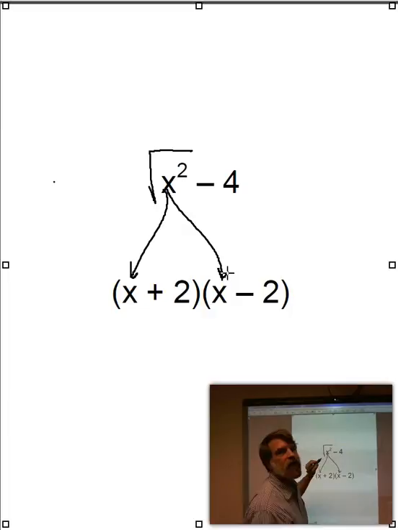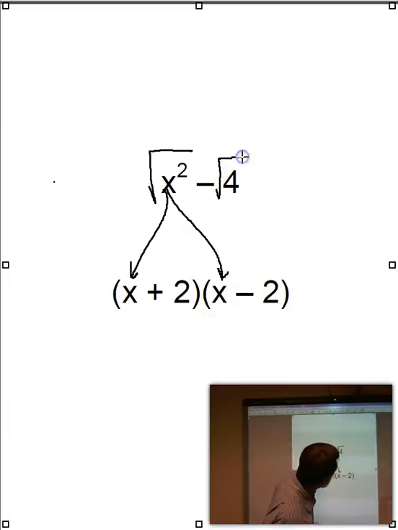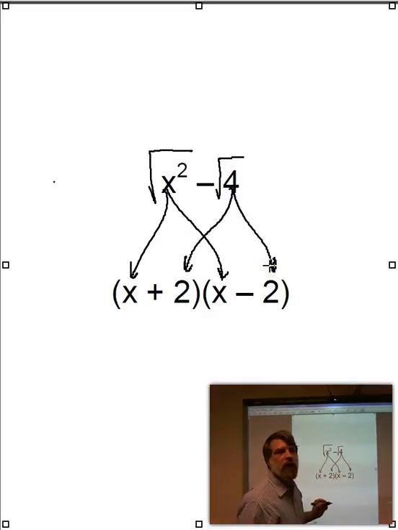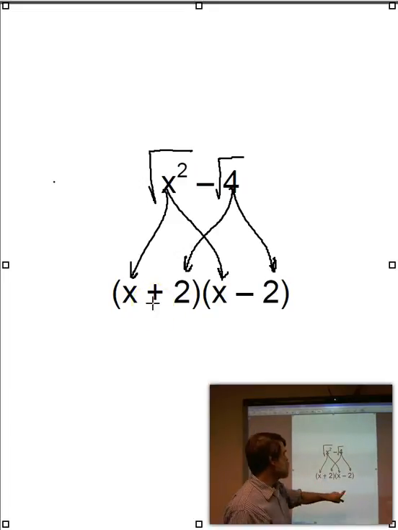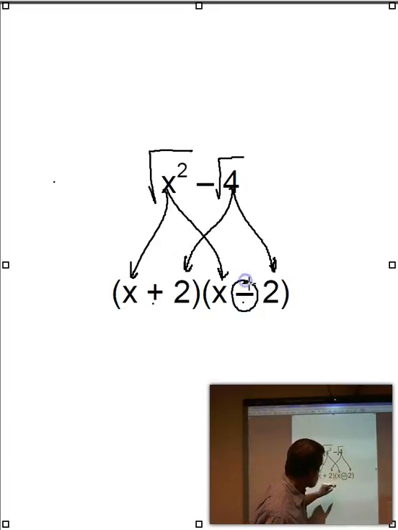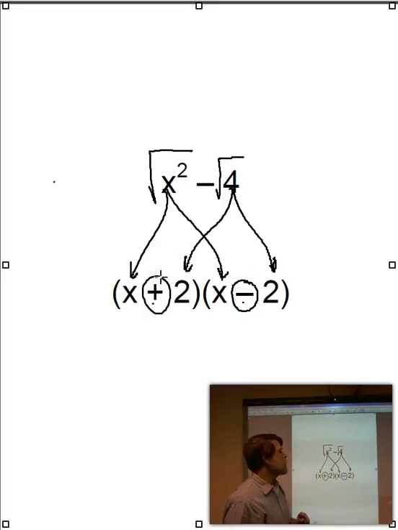Look at the second term, take the square root of the second term, and make it the second term of each of the factors: add the first two, subtract the second two, and the total factored terms are x plus 2 times x minus 2.